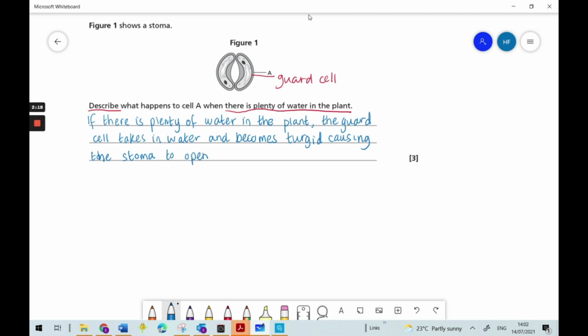So I'm using proper terminology here, turgid, stoma, guard cell.